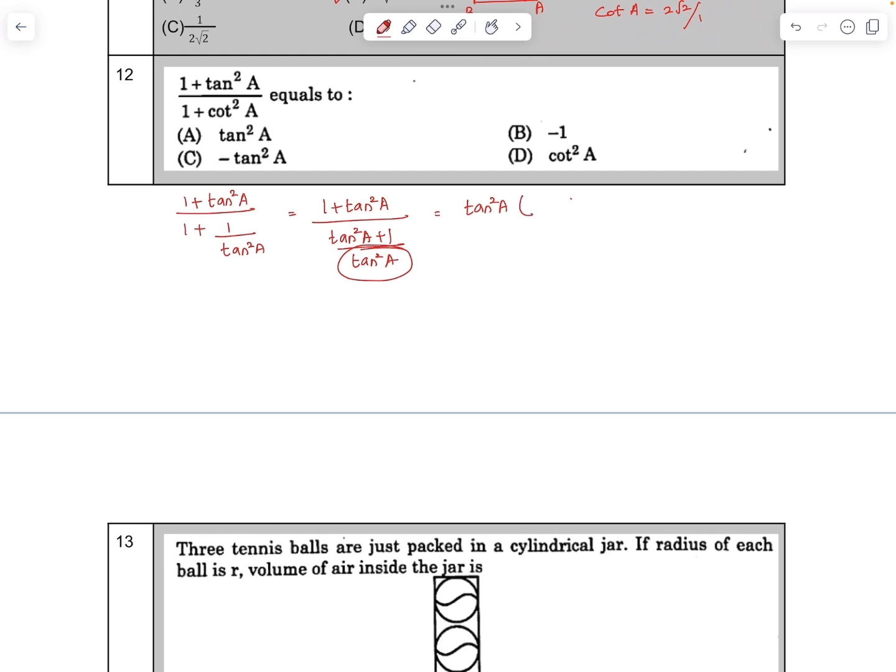Tan square A into 1 plus tan square A upon tan square A plus 1. These two brackets get cancelled, leaving behind tan square A. So the answer is option A.